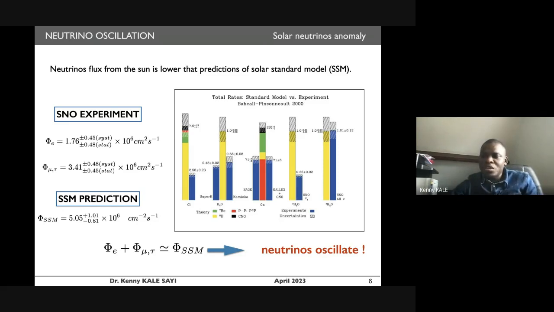This simply means that while moving, they change flavor, and this change of flavor is what we call oscillation. Neutrinos oscillate. This is very special, and for this, the SNO experiment obtained the Nobel Prize. Very, very decisive.